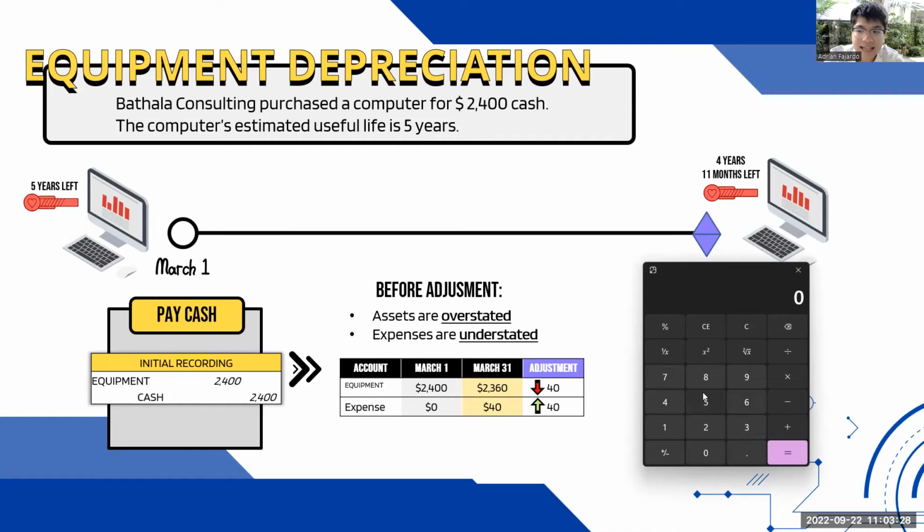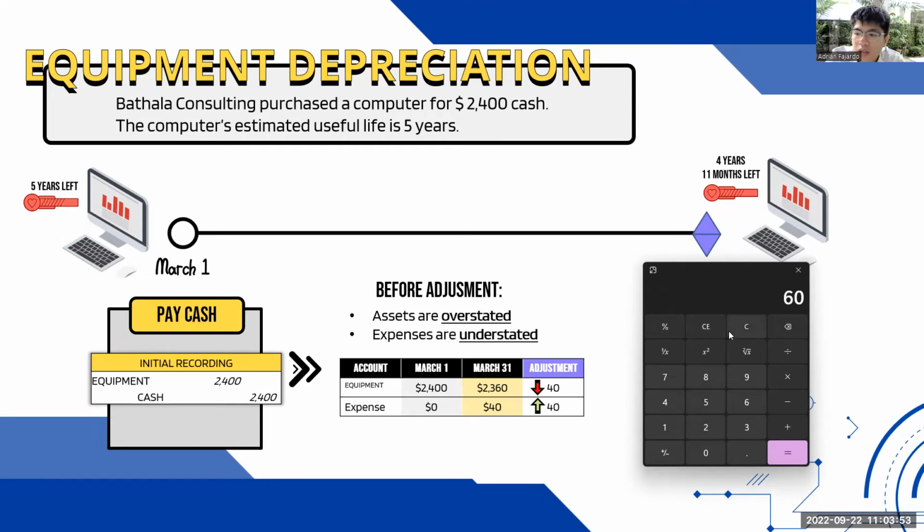And one way of looking at it is that 5 years can be times 12. You roughly have 60 months, right? So in March 1, you had 60 months left. And then in March 31, you have 59 months left. So in essence, the only month that you consume is 1 month's worth of your computer, right?